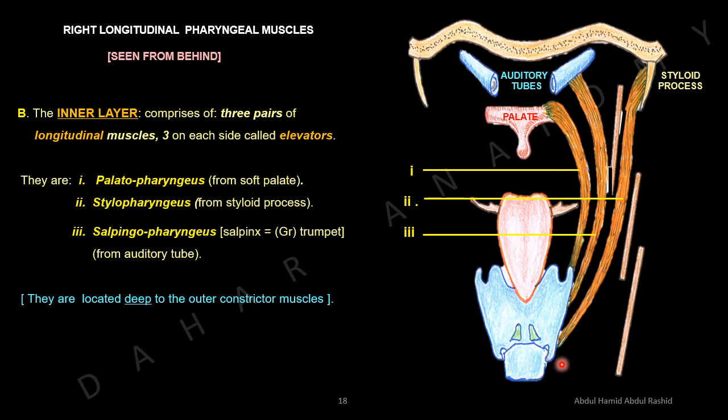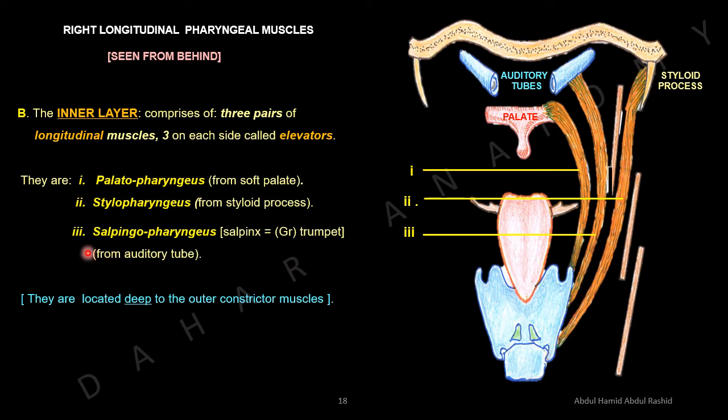So the inner layer consists of 3 muscles on each side. They are: 1. Palatopharyngeus, coming from the palate to the pharyngeal region. 2. Stylopharyngeus, coming from the styloid process to the pharyngeal region.